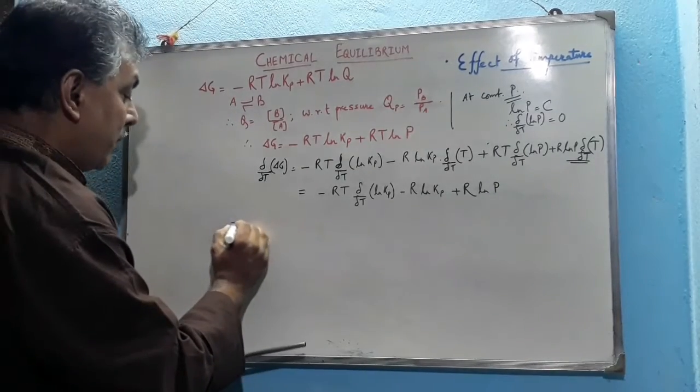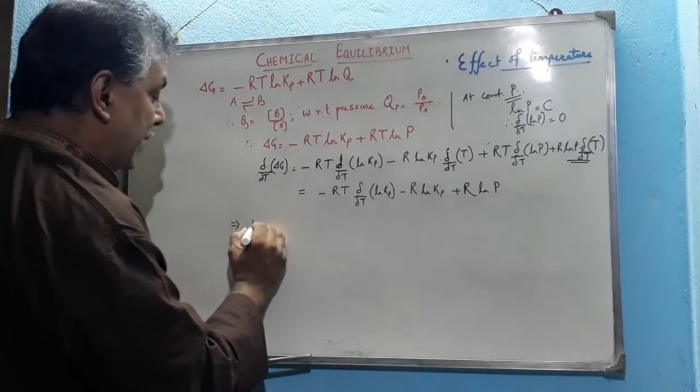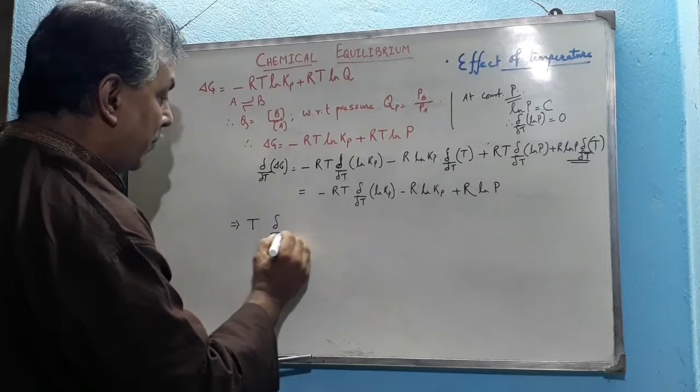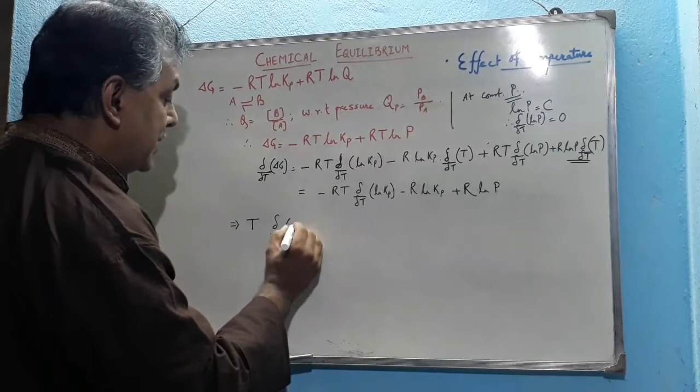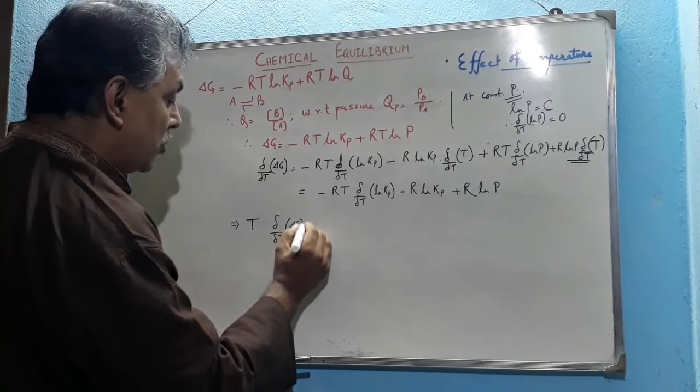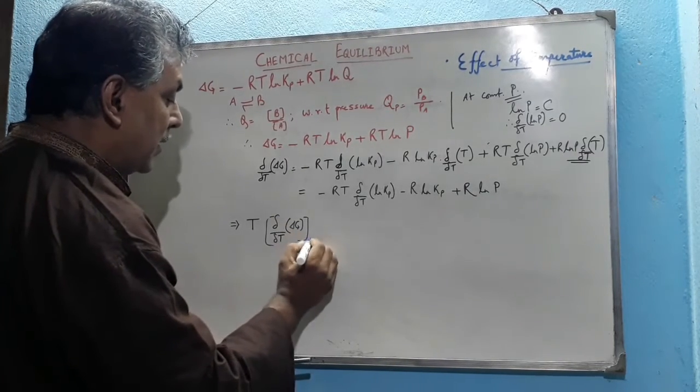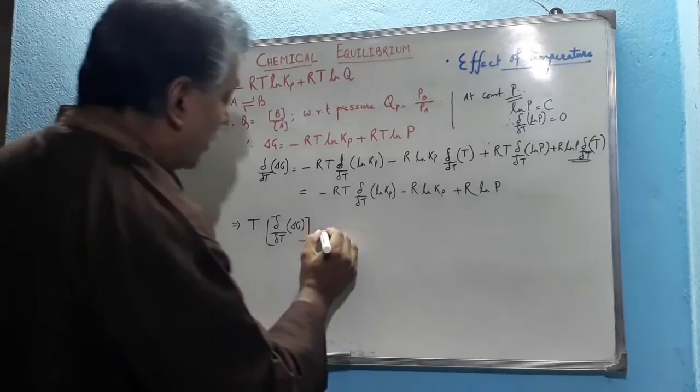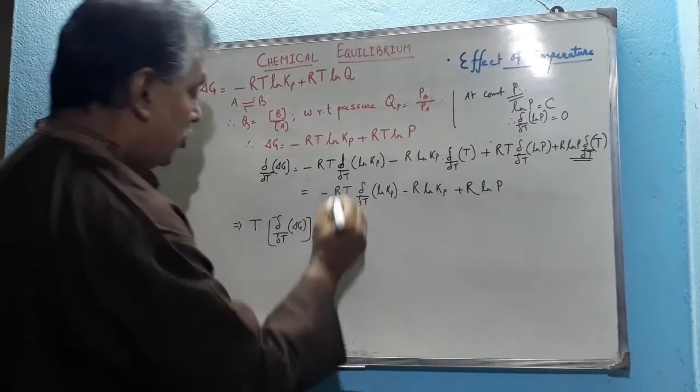Now, if we multiply both sides by T, then it becomes del T of del G at constant pressure, because the reaction takes place at constant pressure.